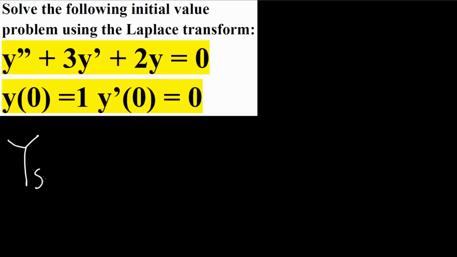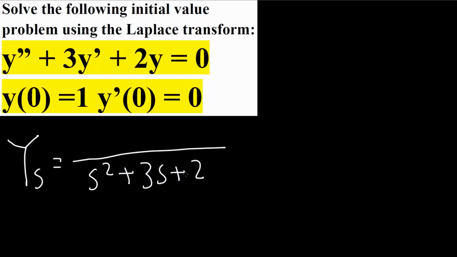So we say Y(s) is equal to, in the denominator, we would say s squared plus 3s plus 2. For second order differential equations, we would say r squared plus 3r plus 2. Instead, we say s squared plus 3s plus 2, and this would be in the denominator.